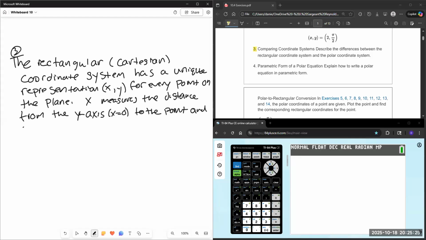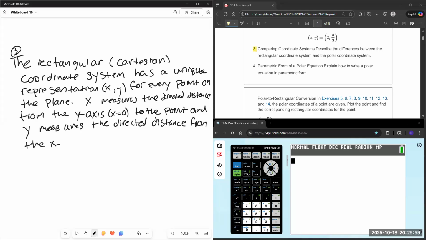And y measures the distance, this would be a directed distance, from the x-axis, where y equals 0, to the point on the plane.